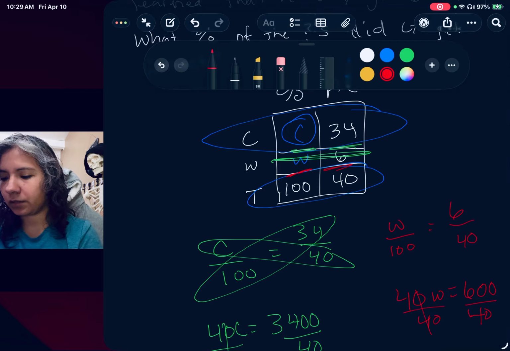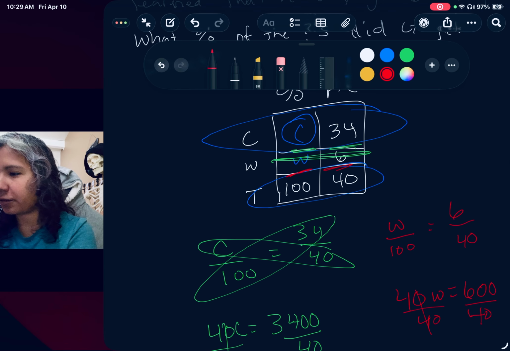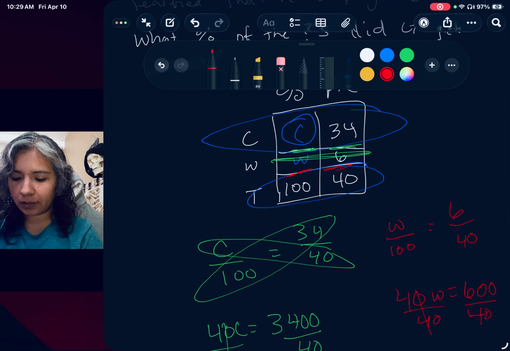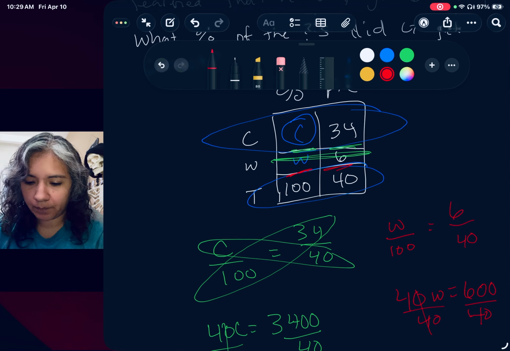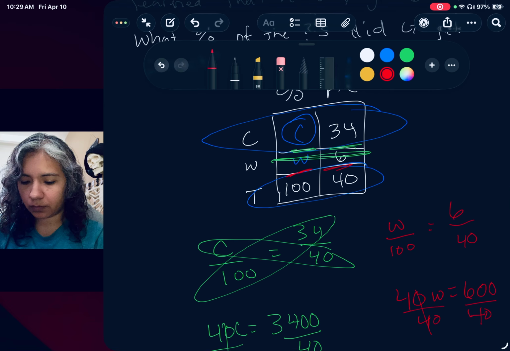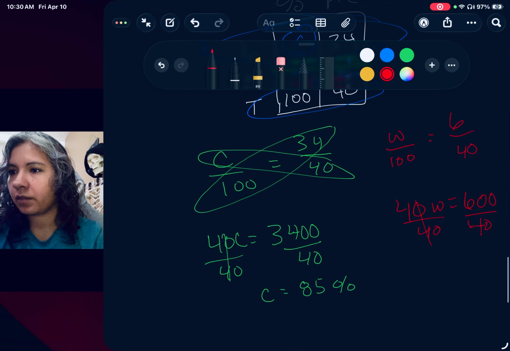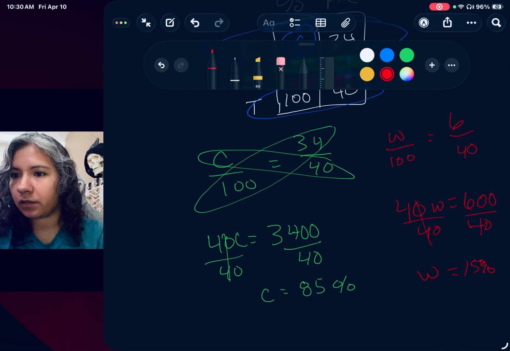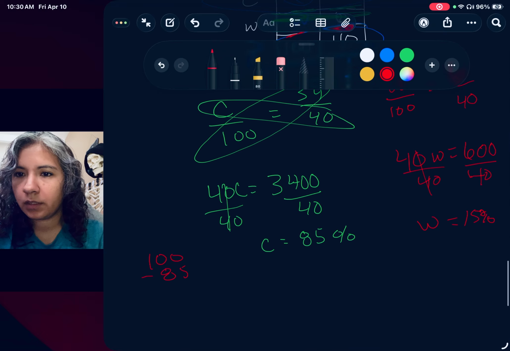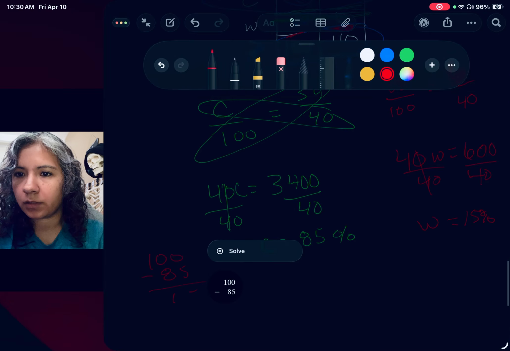And then we'll do 600 divided by 40. Uh-oh, my calculator doesn't want to work. Should be 15, because that's what's left. 600 divided by 40 is 15, so the wrong ones was 15%. As you can see, you could have also done 100 minus that 85% to give you the 15%.